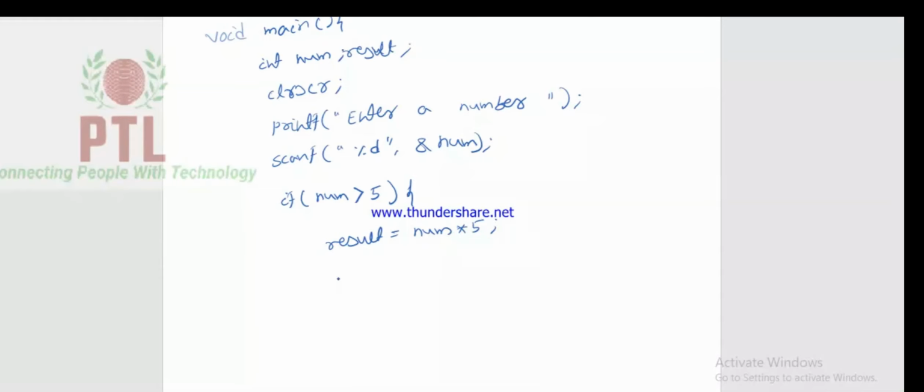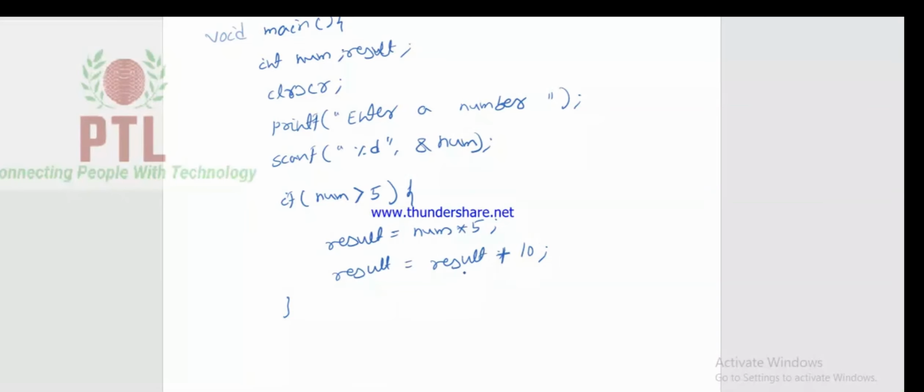Print num into 5. Then the result equals to result plus 10. So what I'm doing, I'm just multiplying with the 5.